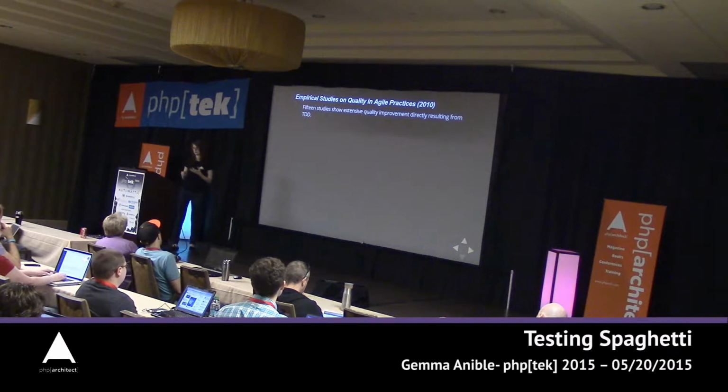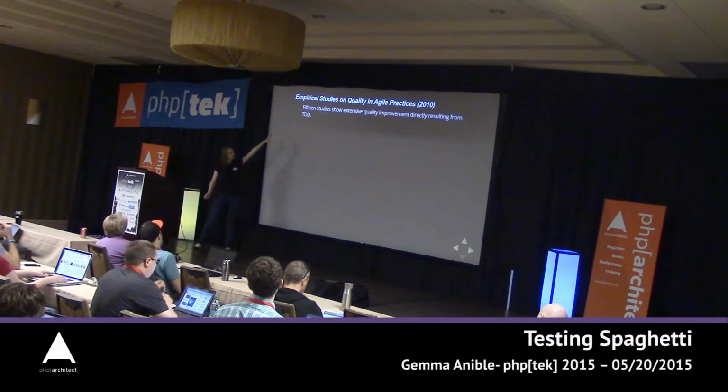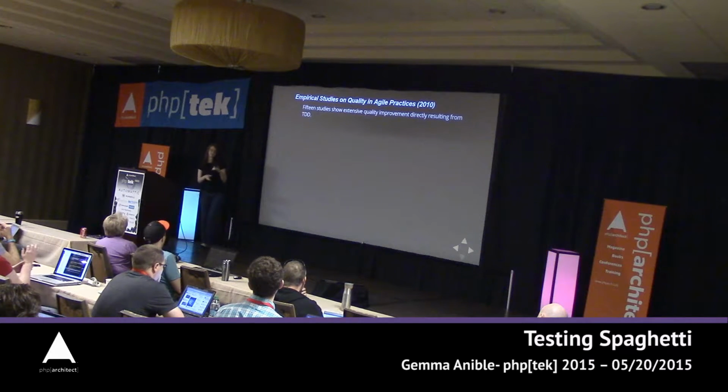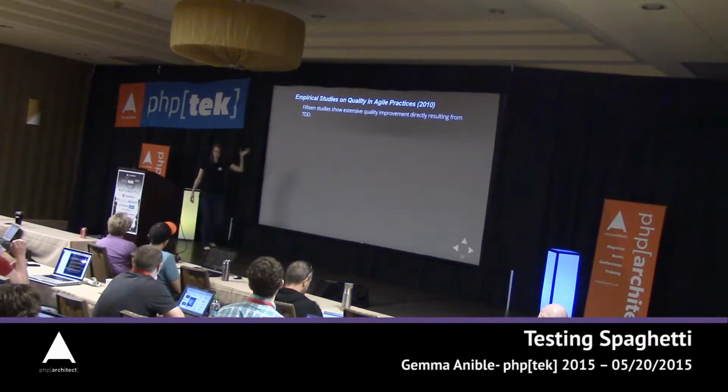So TDD, XP, Scrum, all kinds of stuff. Don't take the 15 here as a percentage of the 18 because not every study looked at TDD. But the 15, essentially the studies that talked about TDD, showed extensive quality improvements directly resulting from test-driven development.